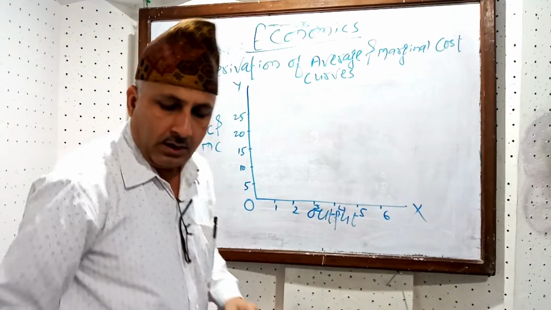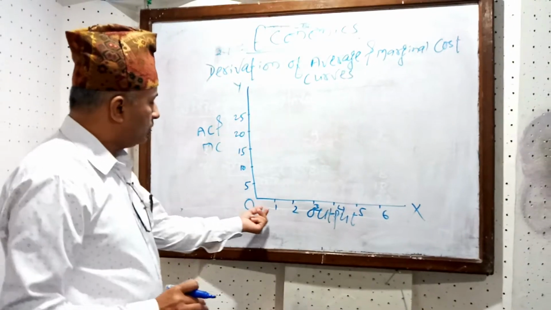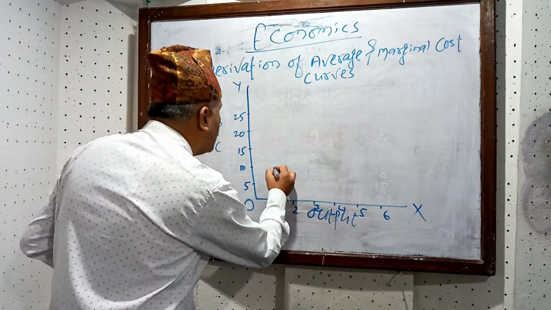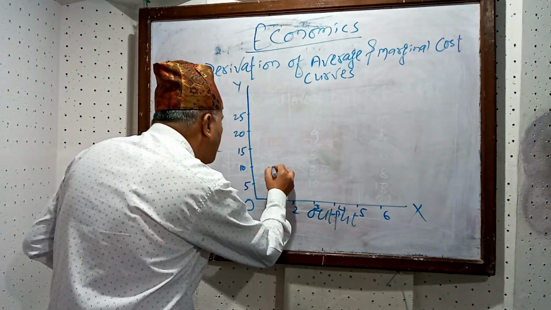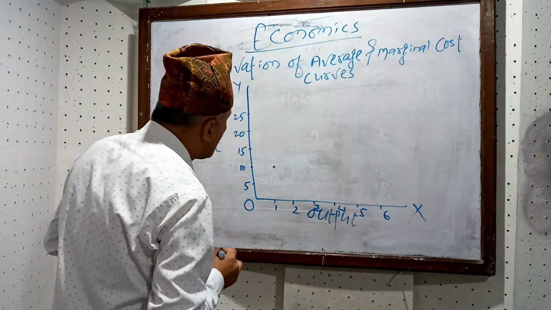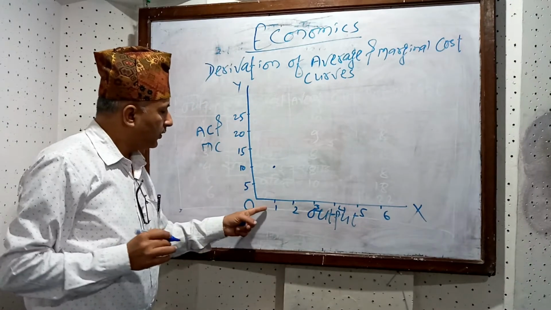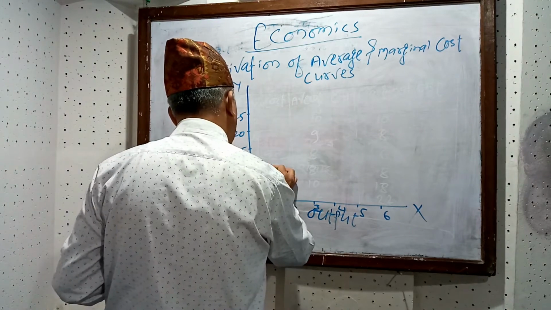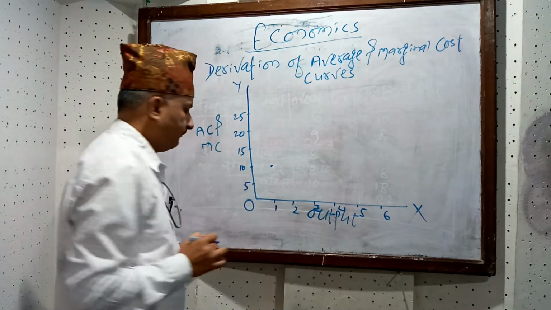Now for average cost, when 1 unit of output is produced, average cost is 10. So find a point here, 1 and 10. Do it in your copy also, students: 1 and 10. At first find a point.